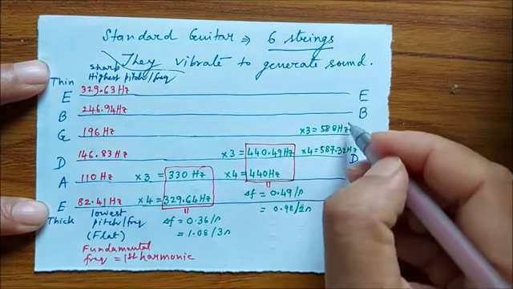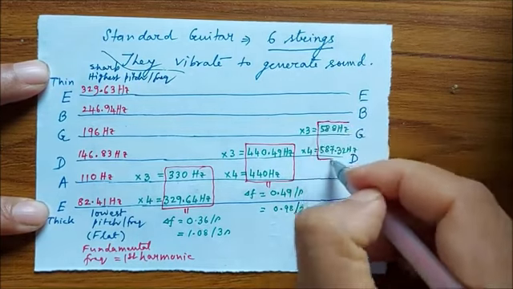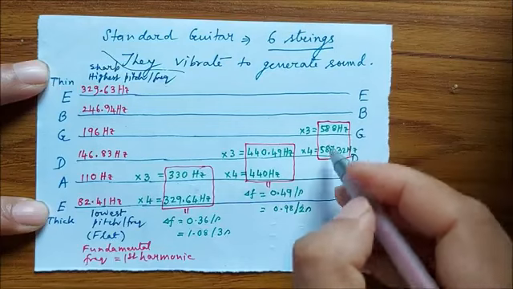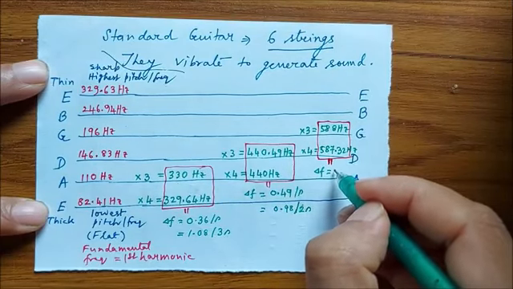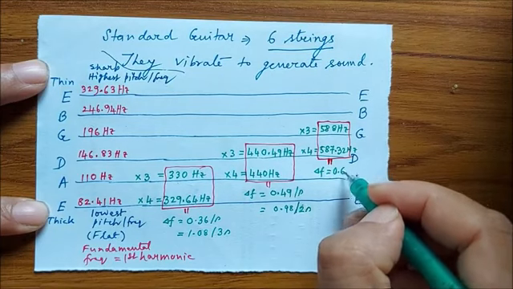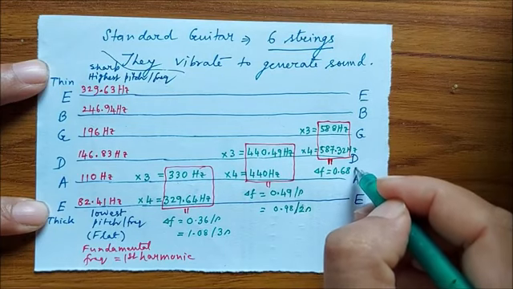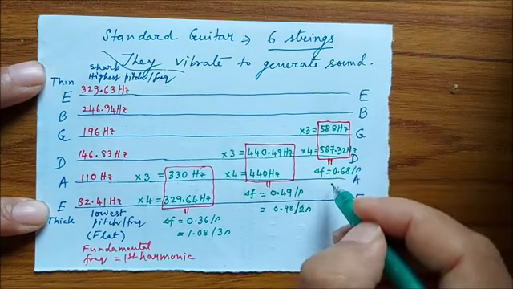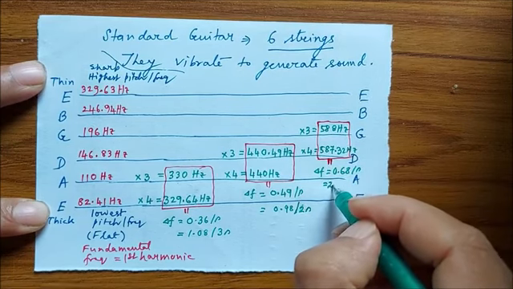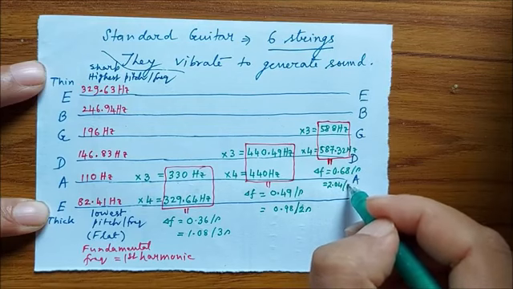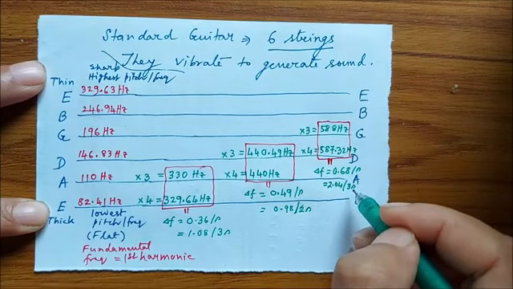So again we find that they are very close to each other, so they will generate beats, and delta F, that is the number of beats heard per second, is 0.68 per second, and if we multiply it with 3 we get 2.04 per 3 seconds.